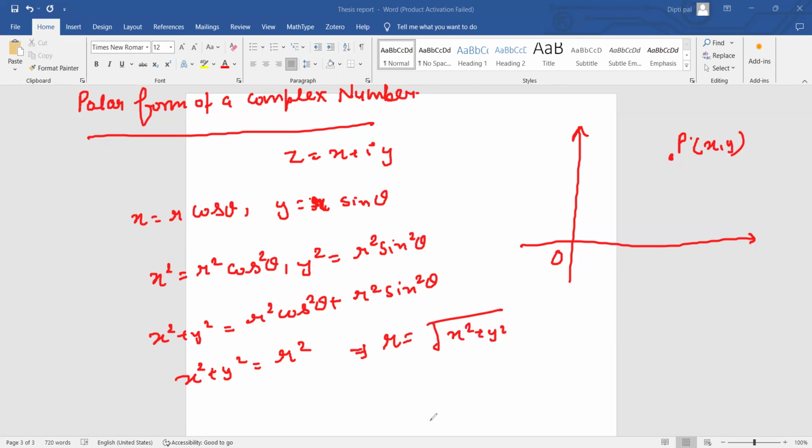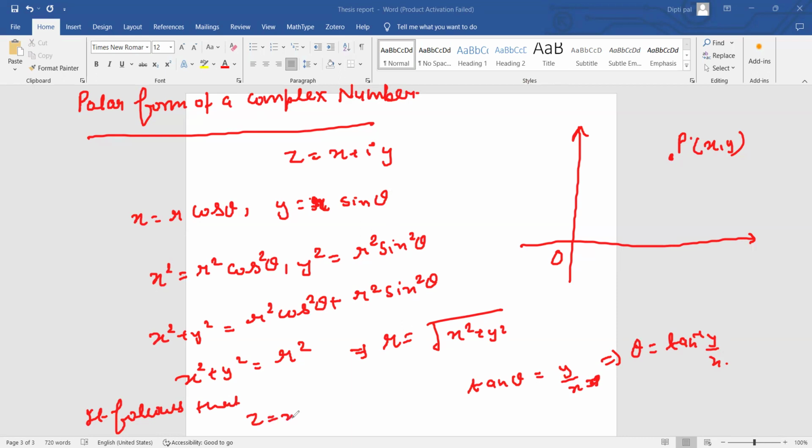If we divide these two, we get tan theta equals y by x. So theta will be tan inverse y upon x. So it follows that z equals x plus iy is written as r (cos theta plus i sin theta).